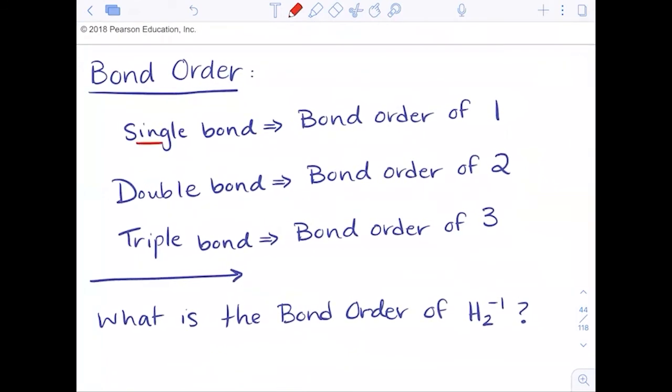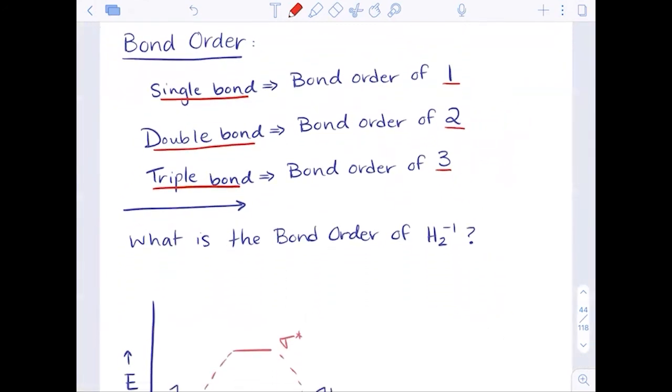A single bond will always be a bond order of 1. A double bond will be a bond order of 2. A triple bond will be a bond order of 3. When we want to use MO theory, we would use our math. If we wanted to just look at bond order for a bigger molecule, molecular orbital theory is very complicated. So we can use this simplistic relationship.